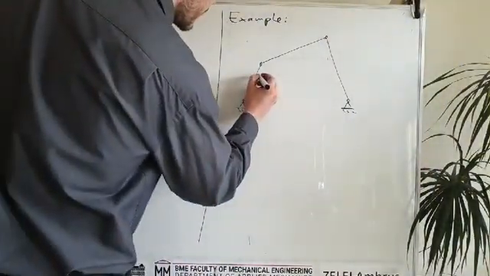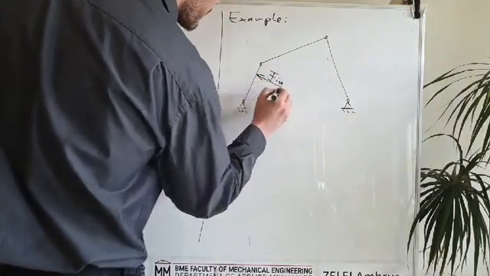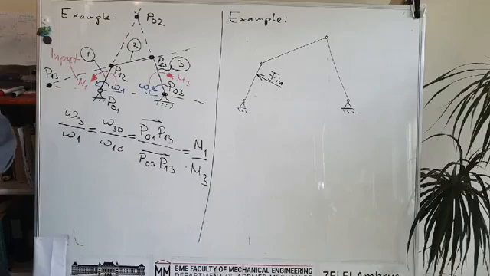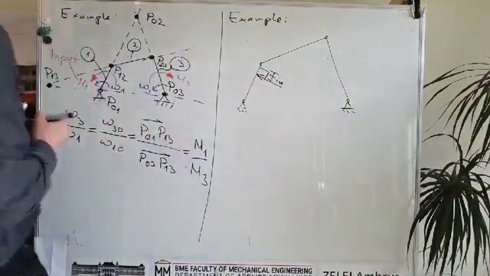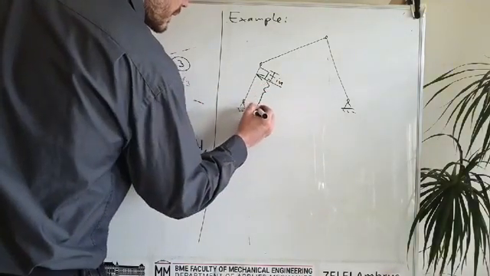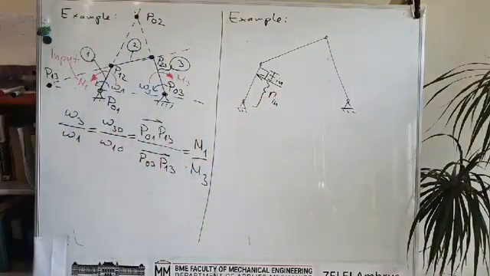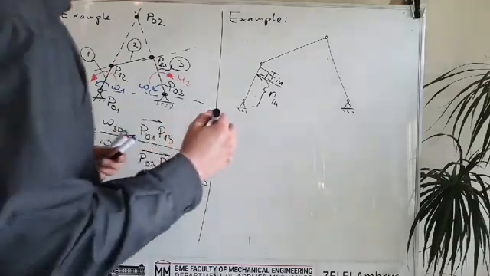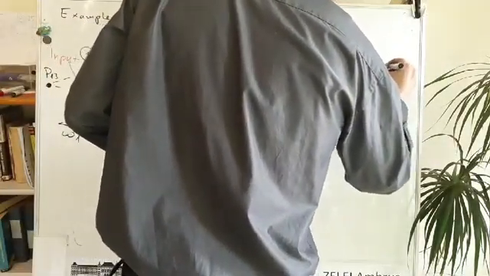So let's say that this is an input force here, and this is always perpendicular to the bar, and the distance from the bearing is r input. And let's say that the output force is always horizontal, just to have some fun.